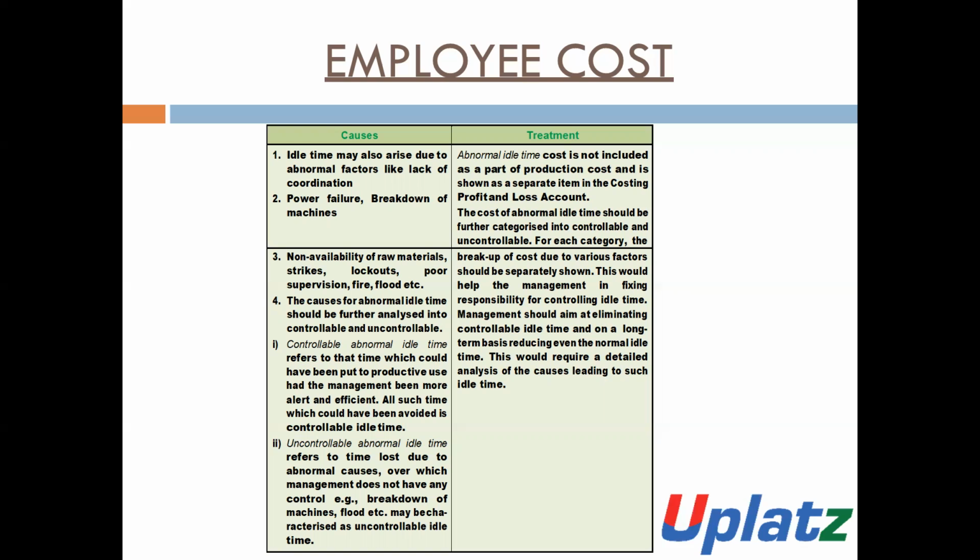The cost of abnormal idle time should be further categorized into controllable and non-controllable for each category, and the breakup of the cost arising due to the various factors should be separately shown. This would help the management in fixing the responsibility for controlling the idle time.